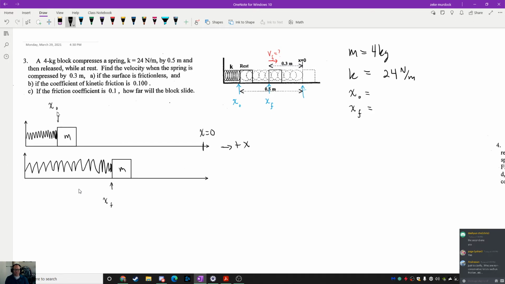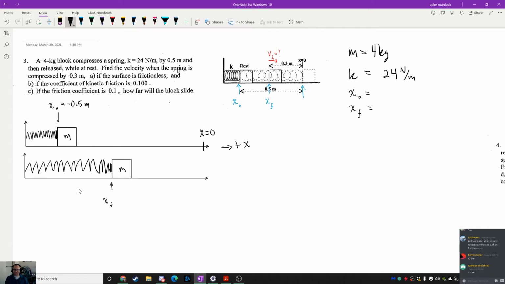And maybe I will write them on here. What would x initial be equal to? If this is x equal to 0, x is positive, and it says that it starts at 0.5 meters, what is x initial equal to? That's right, Andrew. What you said is right. Your clarification there. Negative 0.5, exactly. So x initial is going to be negative 0.5 meters.